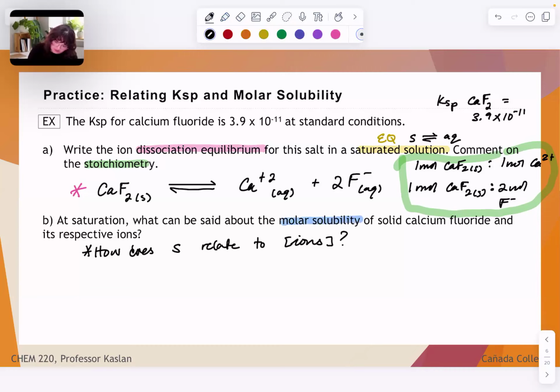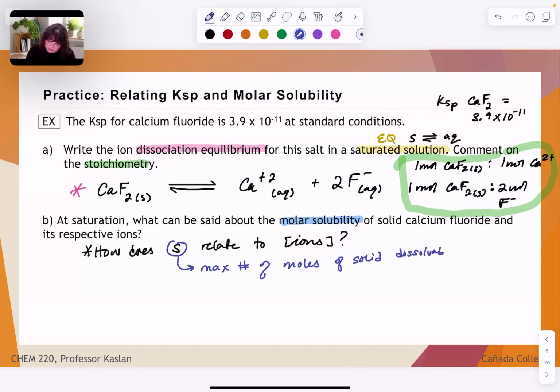So remind yourself, the molar solubility, S, is the maximum number of moles of solid that are dissolvable in 1 liter of solution.